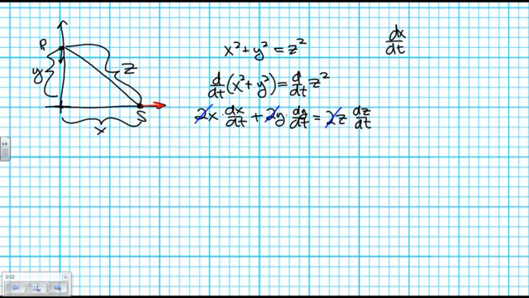What do I know? I know dy/dt. That's the speed at which the police car is going. Tricky here, though. Watch out. dy/dt is negative 60. Why? Because the values of y as time goes on are getting smaller.